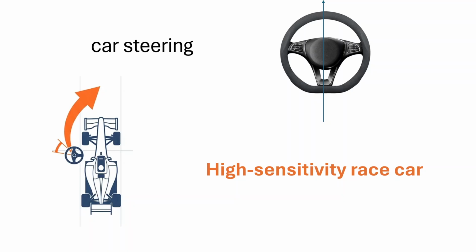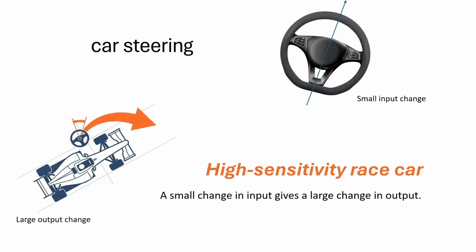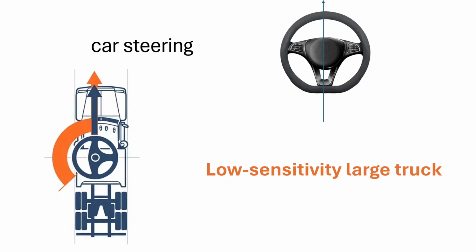Think about a race car. You make a tiny turn of the wheel, just a small input, and the car responds with a large change in direction. That's high sensitivity. Small input, large output response. Now, think about a big truck.